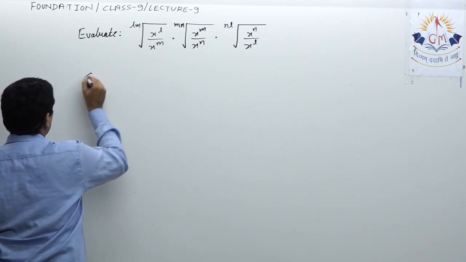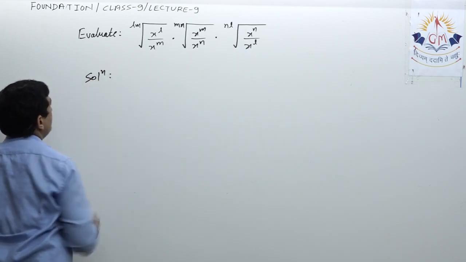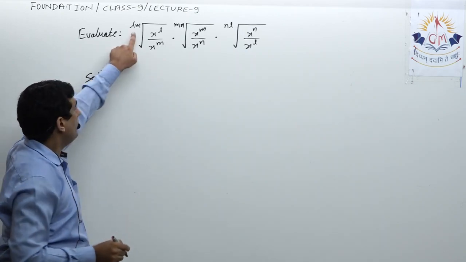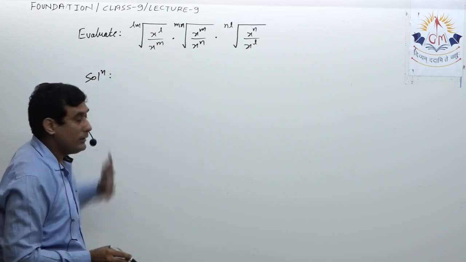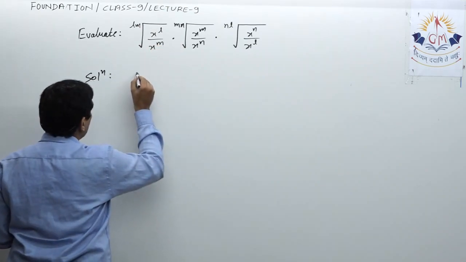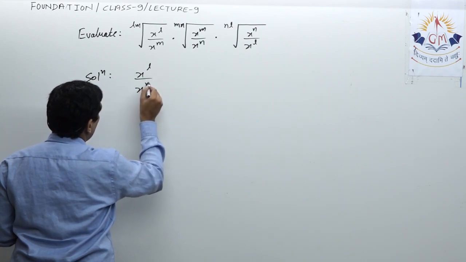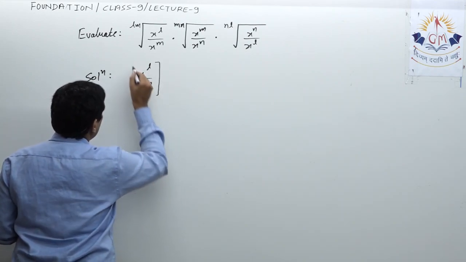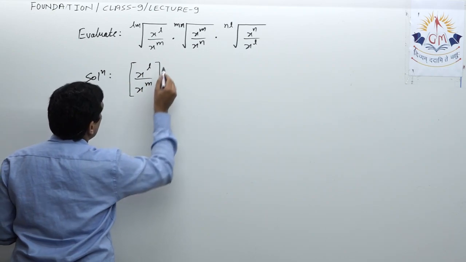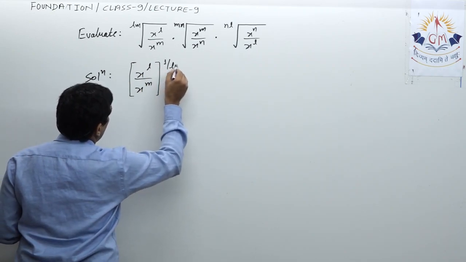So let us see how to solve this. See, this is the LMth root, that means power 1 upon LM. So this is x raised to L upon x raised to M, raised to 1 upon LM.